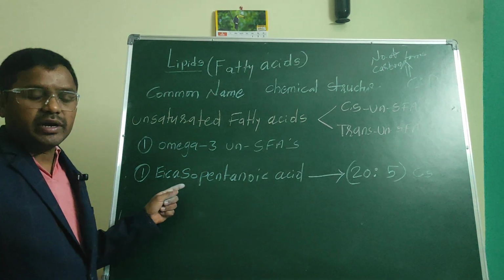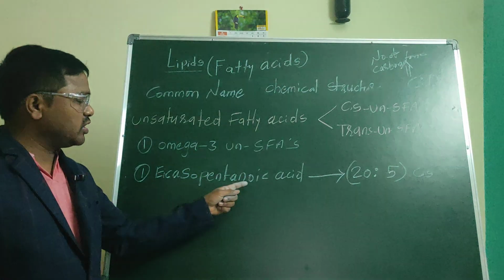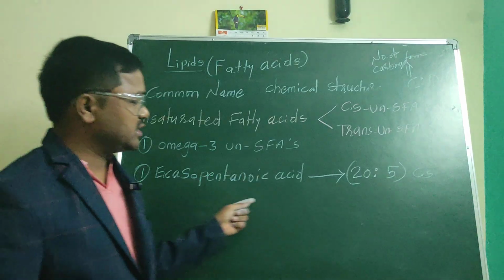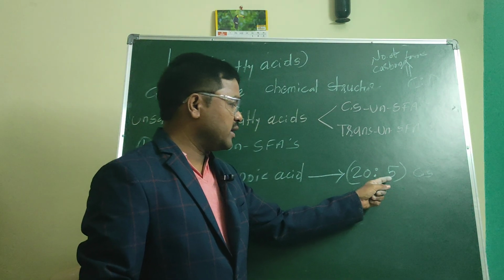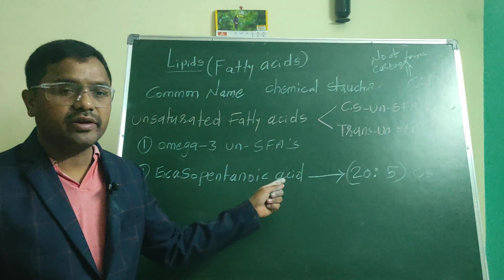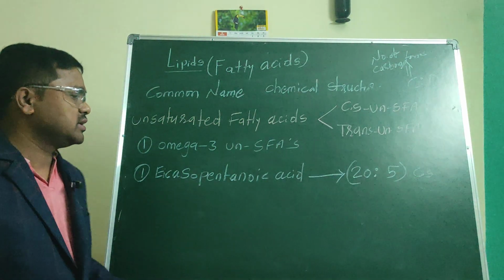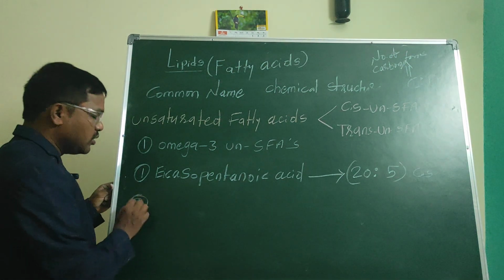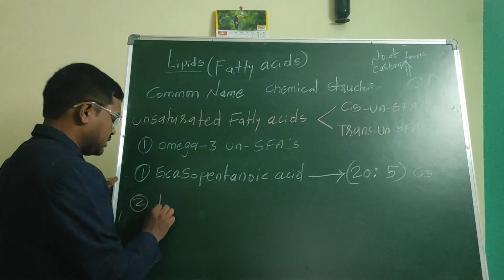Some important omega-3 fatty acids: one is eicosapentaenoic acid. 20 carbon atoms are present in it, the number of double bonds is 5, and this is cis. Next, linolenic acid.